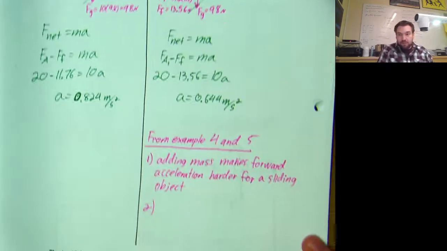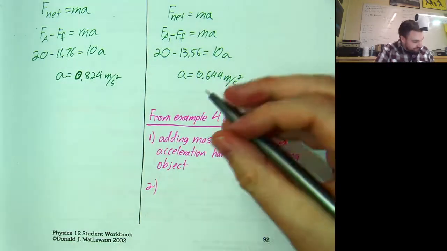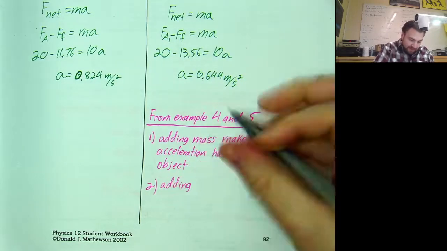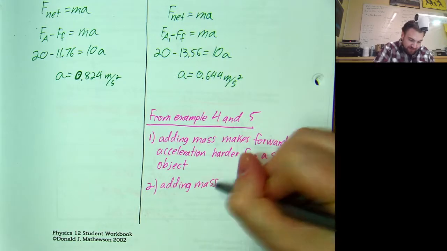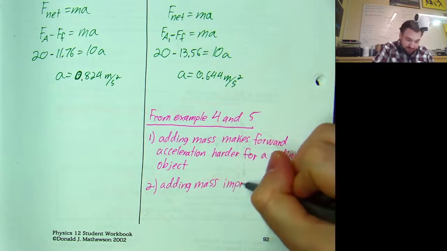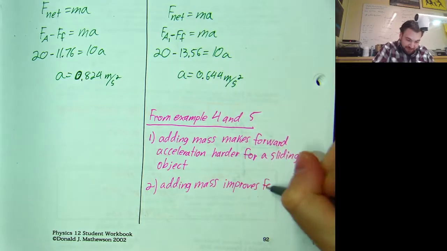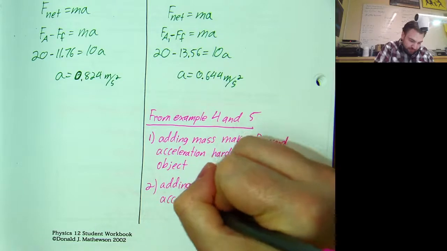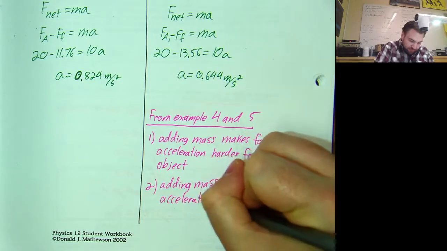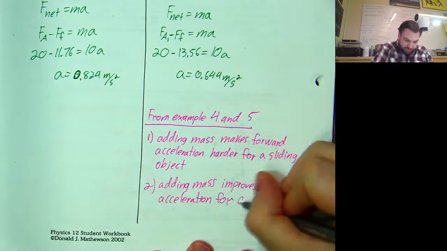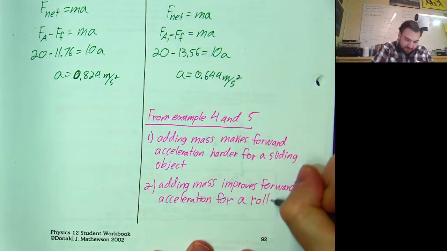Number 2, adding mass improves forward acceleration for a rolling object.